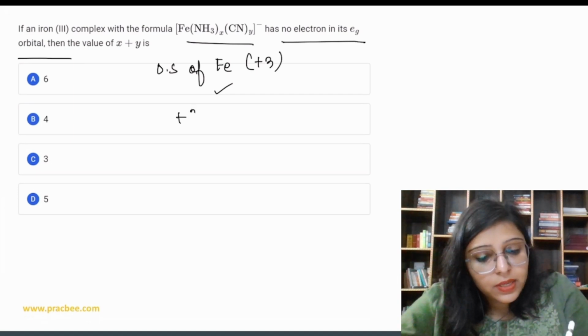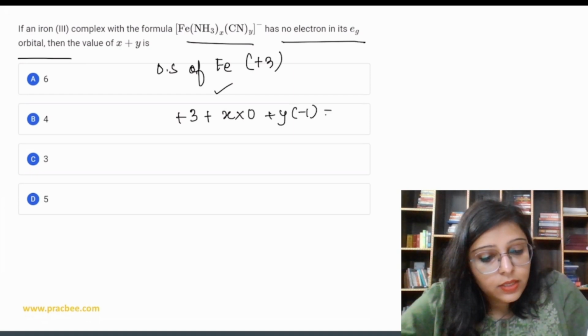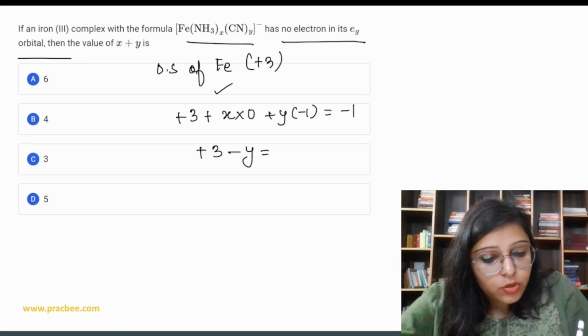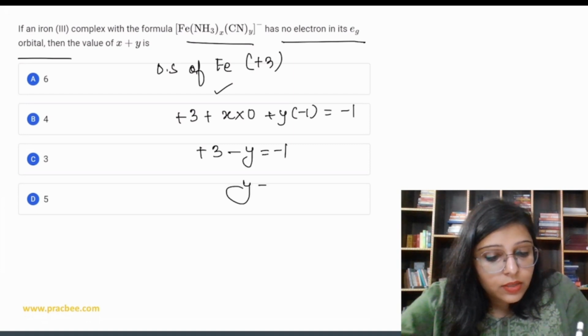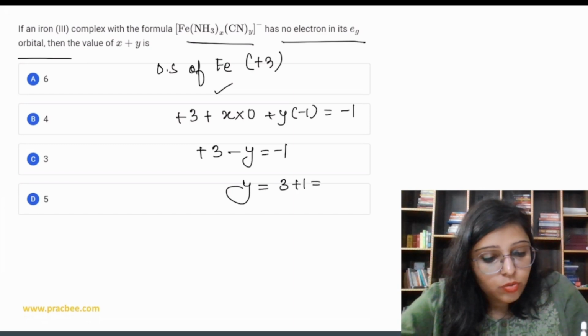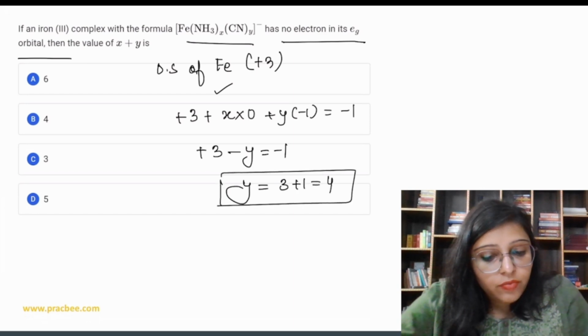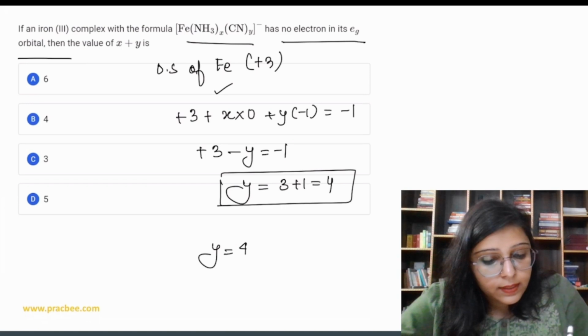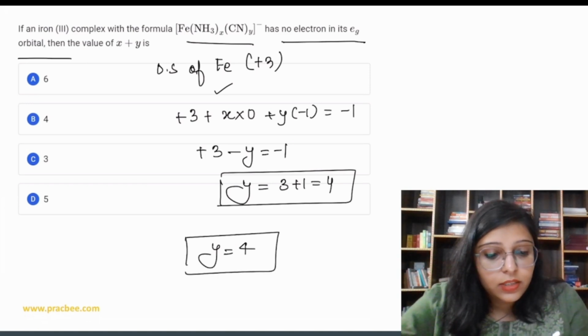Oxidation state of iron is +3, x into 0, then y into minus 1 is equal to the total charge. So +3 minus y is equal to -1, and y is equal to 3 plus 1, which is 4. Okay, y is equal to 4.